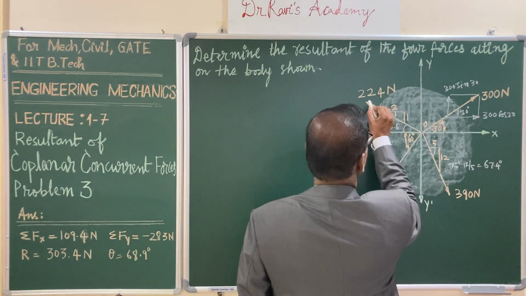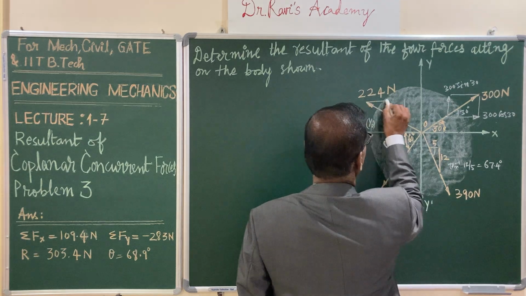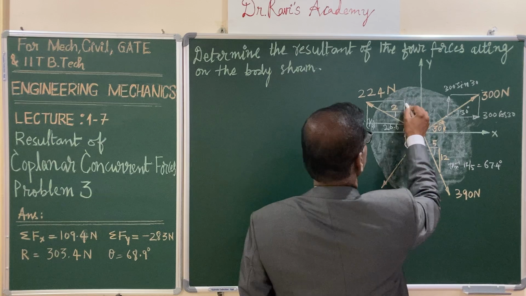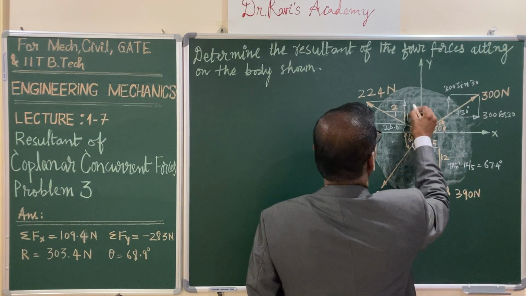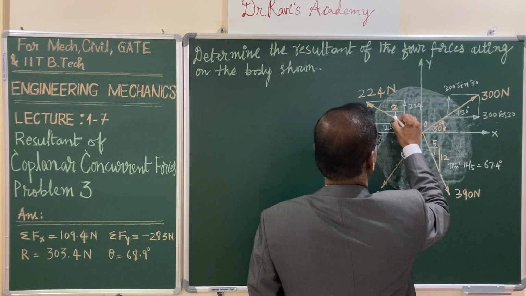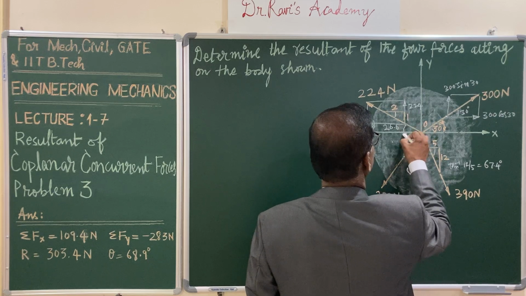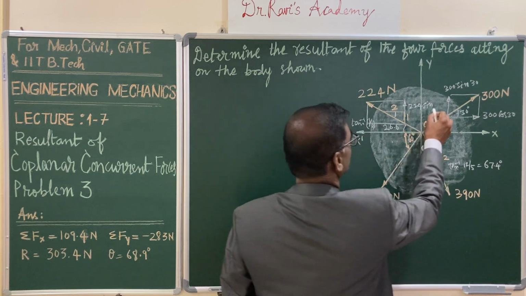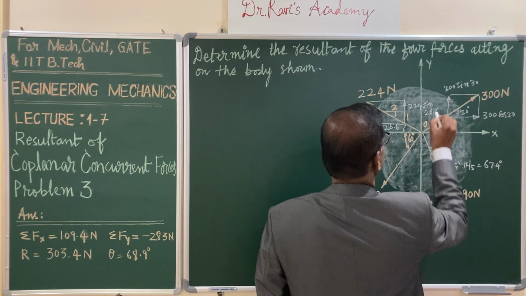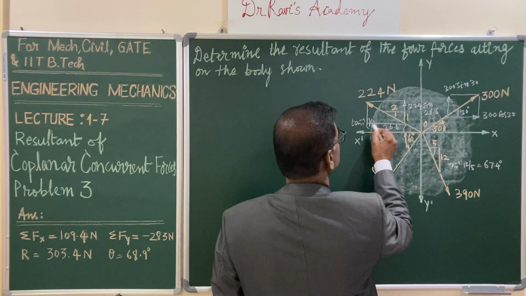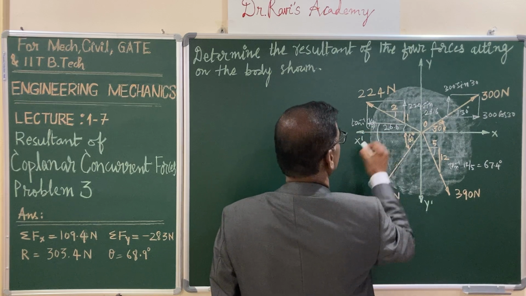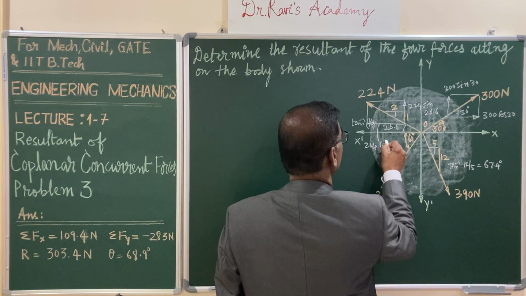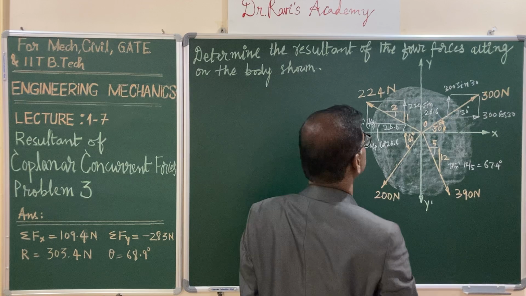Likewise, let us again draw a rectangle to represent the rectangular components. Now, this force is 224, with the angle measured from the x-axis being 26.6 degrees, and the x component I am calling 224 cos 26.6.